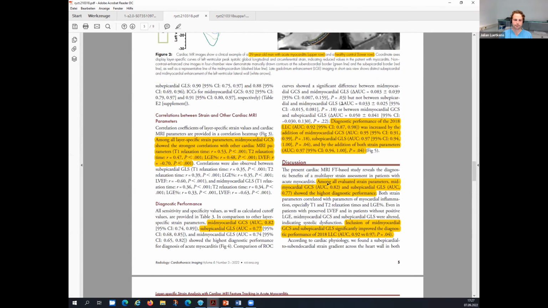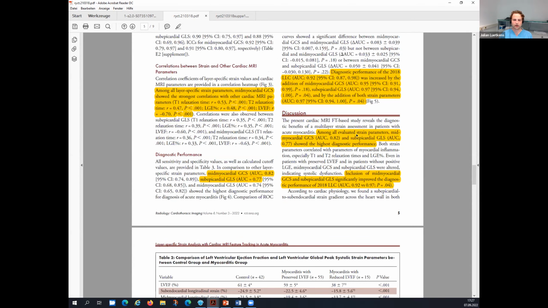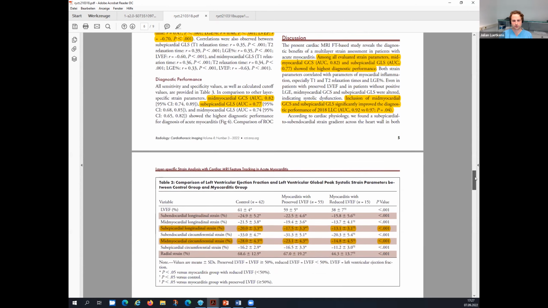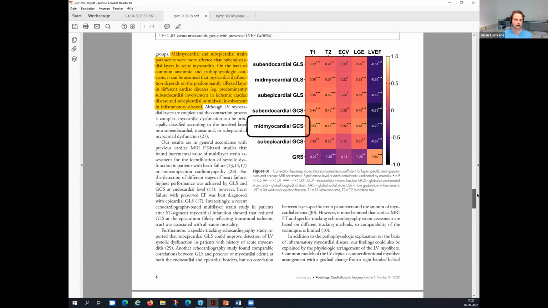So in conclusion, among all evaluated strain parameters, mid-myocardial global circumferential strain and subepicardial global longitudinal strain showed the highest diagnostic performance for the diagnosis of acute myocarditis. The inclusion of these two strain parameters also significantly improved the diagnostic performance of the 2018 Lake Louise criteria.